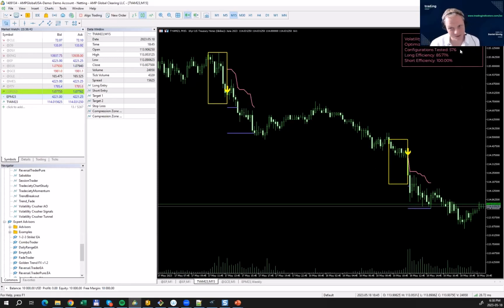And yes, it works basically the same way. Here we have used the standard optimization mode. 576 configurations were tested. And in our look back period, which is this one up here, we can see that to the long side, we get an efficiency of 85%, and to the short side, an efficiency of even 100%. Wow, everything worked out to the short side in this look back period.